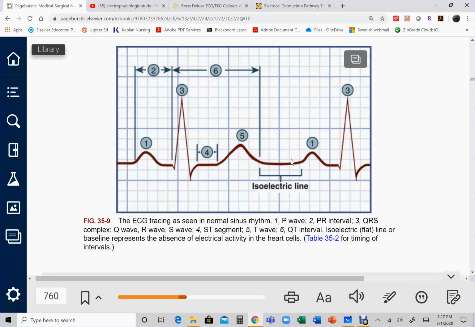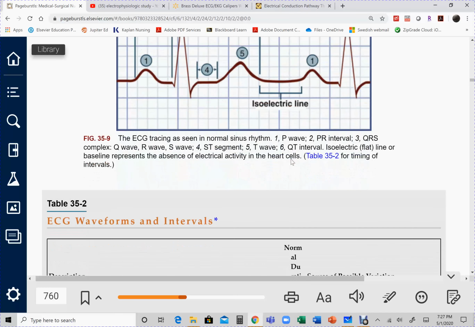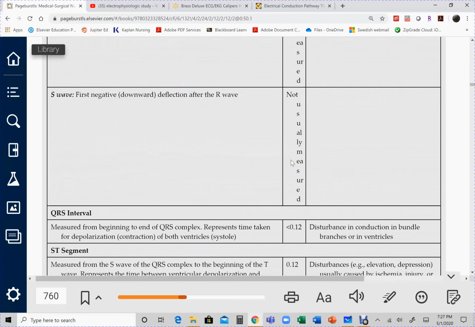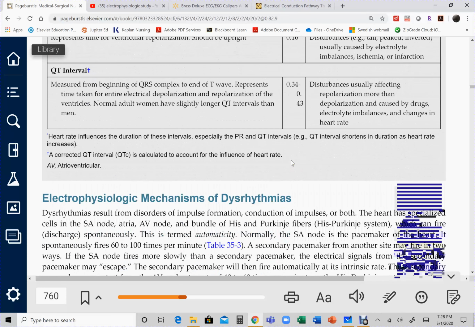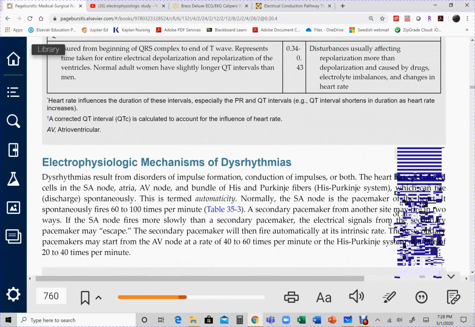When you take a nitro or rest, stop the activity, the ST depression and the T wave inversion will go back to normal. Those are the most important waves. We won't measure the QT interval. It's not really that significant.